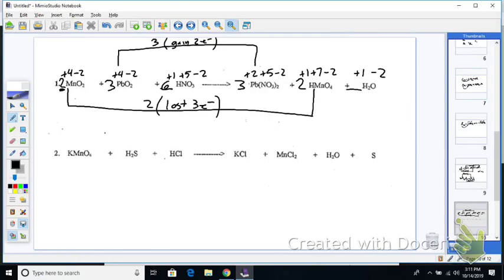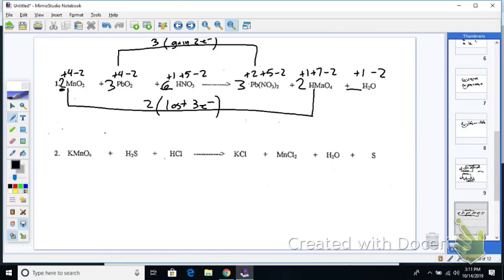Which one would you go to next? Maybe hydrogen, because there's only 2, and then this nitrate has an N in it. So let's go with hydrogen. On the left side we have how many hydrogens? We have 6.